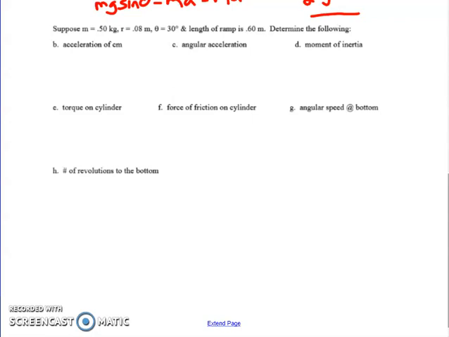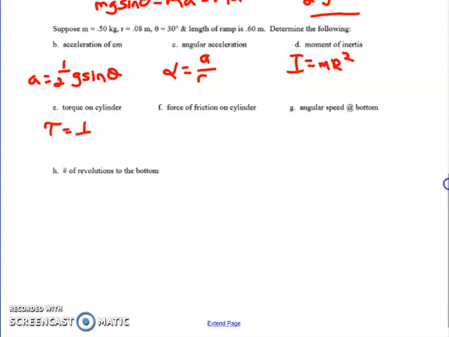So what is the acceleration of the center of mass? We're just going to use 1/2 g sine theta, what we just derived. What's the angular acceleration? Well, alpha would simply be a over r. What is the moment of inertia? Well, we said before, it's mr squared, so you just plug in the information. What's the torque?